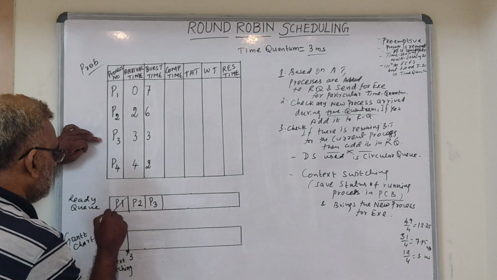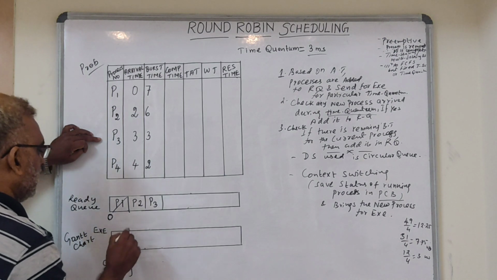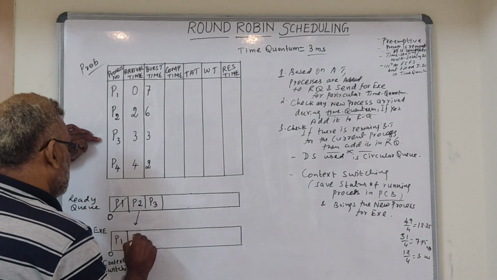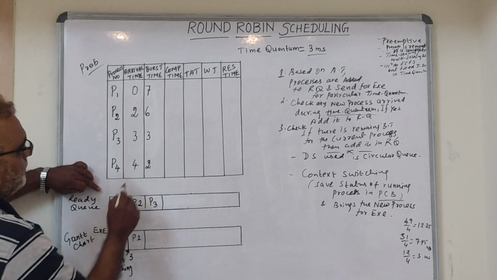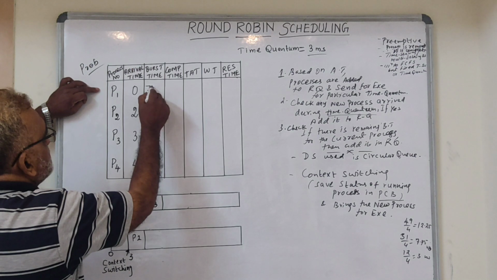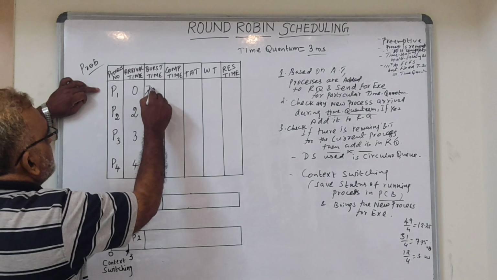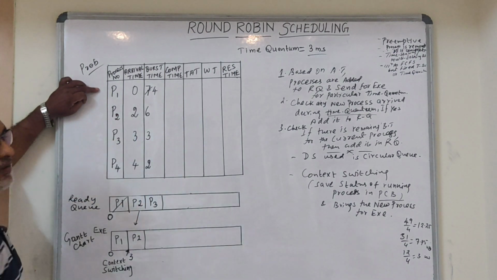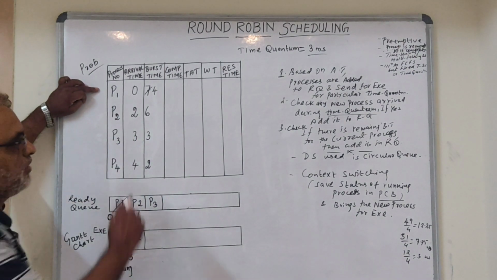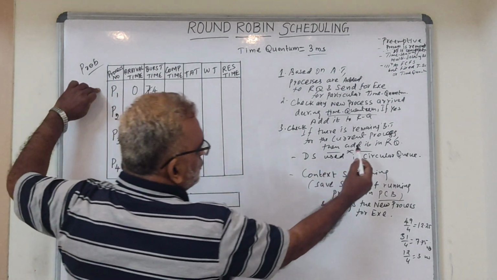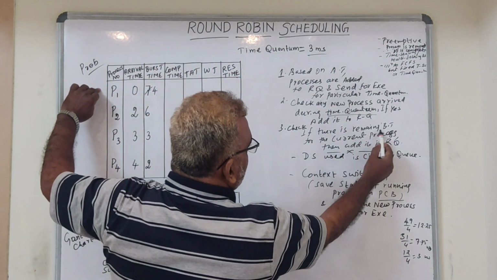Now process 1 is over, and we have to load process 2. But process 1 has completed only 3 milliseconds of its time, so it has remaining burst time that has to be completed.